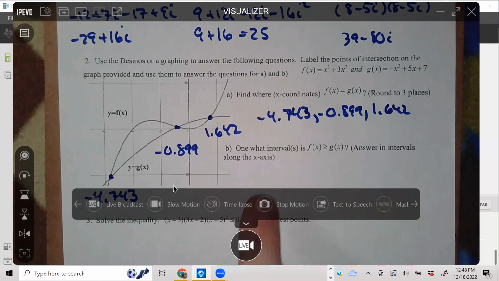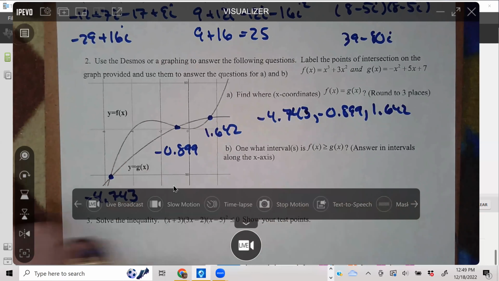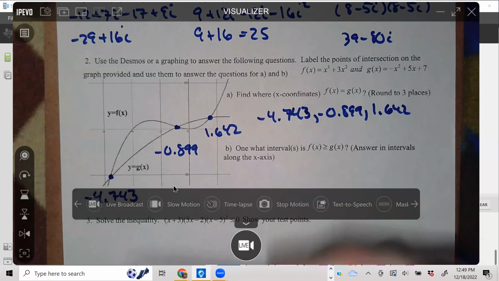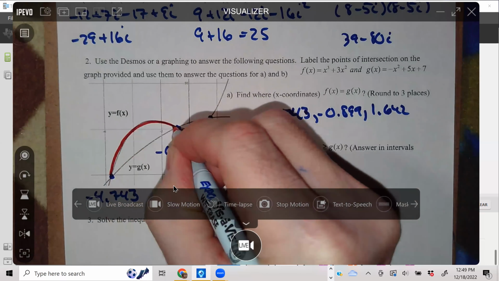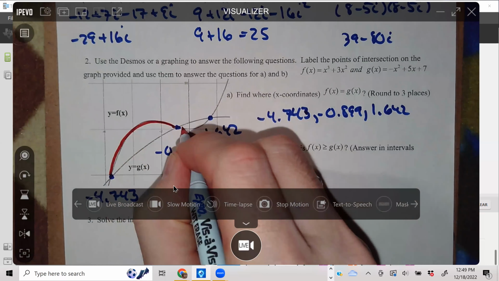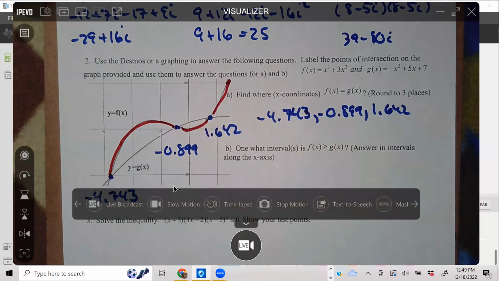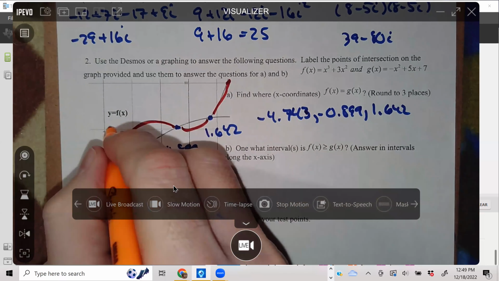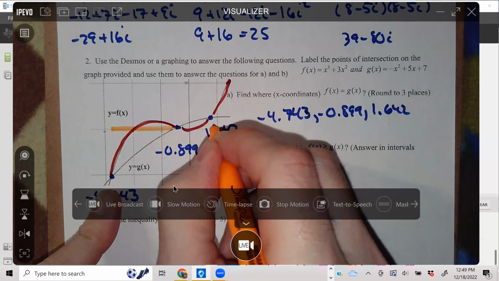Now, the second part is I need to know where f of x is greater than g of x. So that's going to be where this function lies above g of x. And that's going to happen starting right here. So here to here and here to infinity.